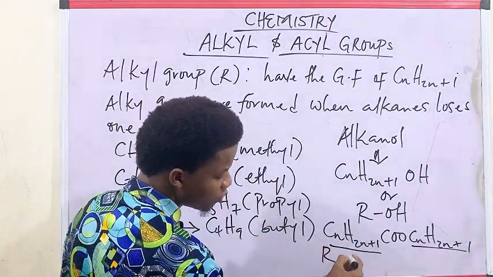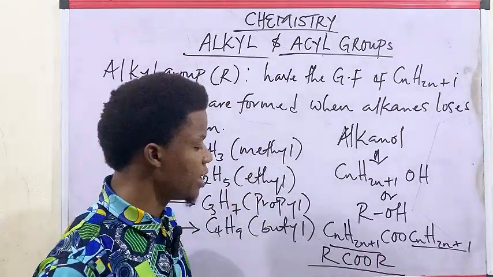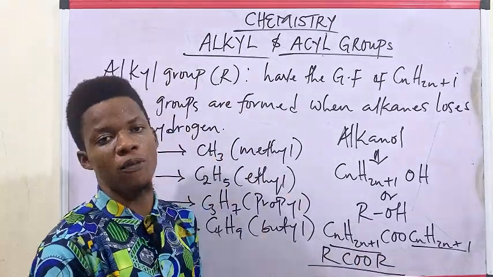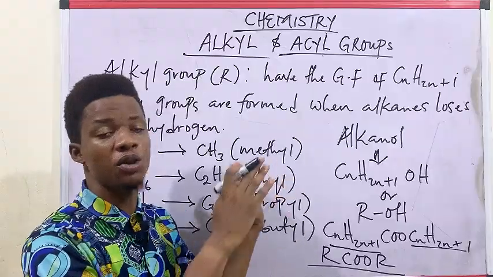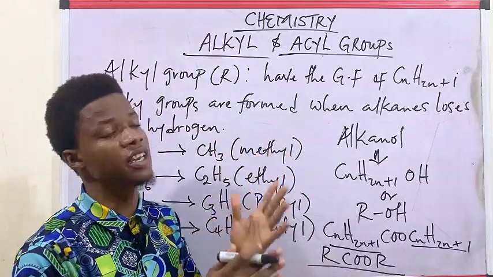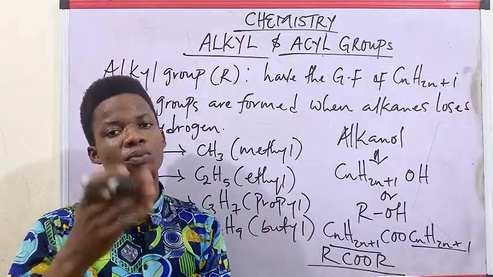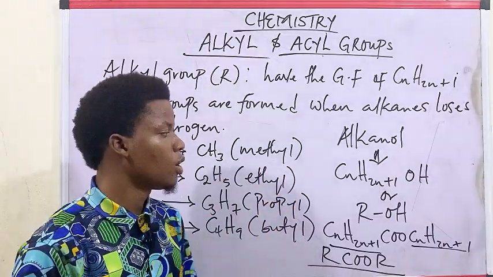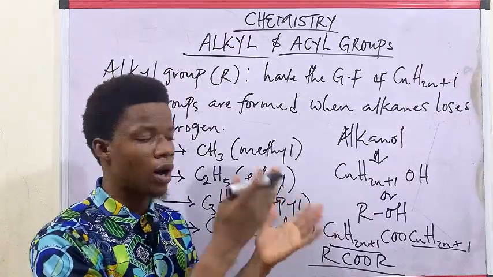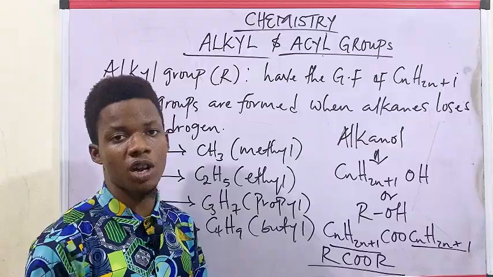You have RCOOR. So this idea can be applied to any family in any of those homologous series. Whenever you see CnH2n+1, just remove it and put R there. You get your corresponding alkyl, which is the R, and then you have the corresponding functional group alongside.